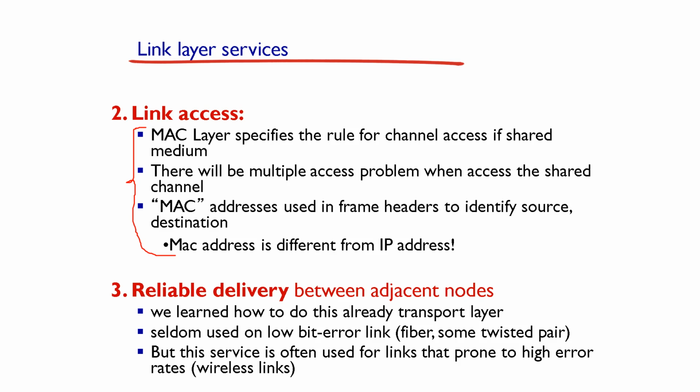Then another duty of the multiple access layer is that MAC addresses are added to the frame headers to identify the source and the destination. Here you notice that a MAC address is different from an IP address. What is a MAC address? It is a 48-bit address that is defined in the hardware itself.